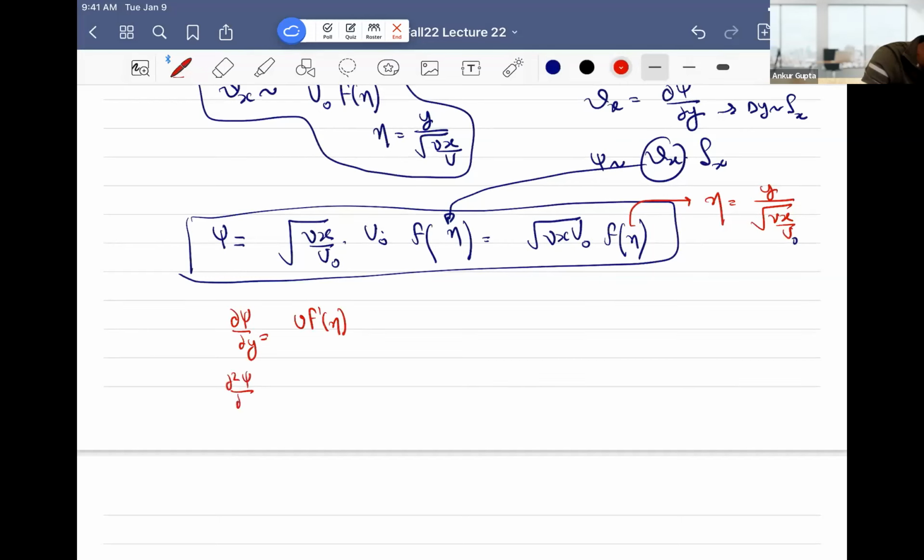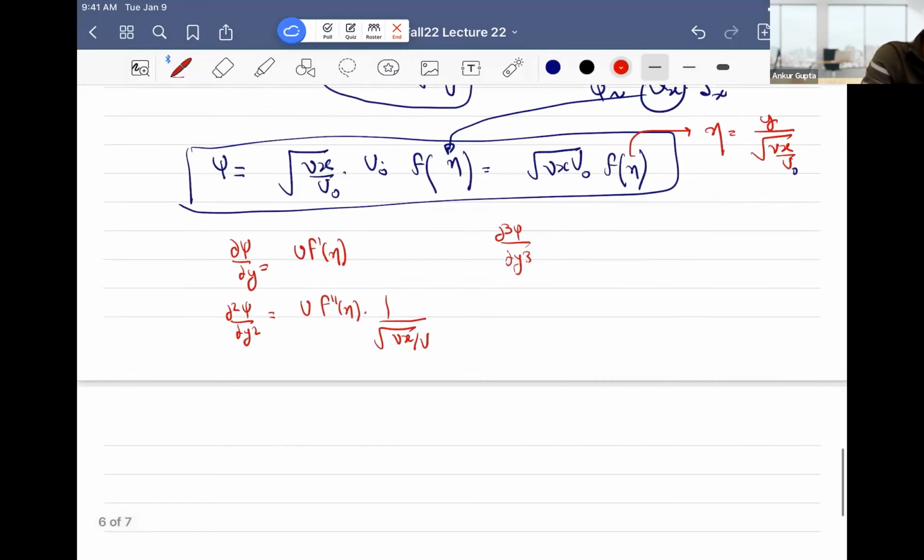Del square psi by del y square is u f double prime of eta times root of nu by u x. Del cube psi by del y cube is u f triple prime of eta.